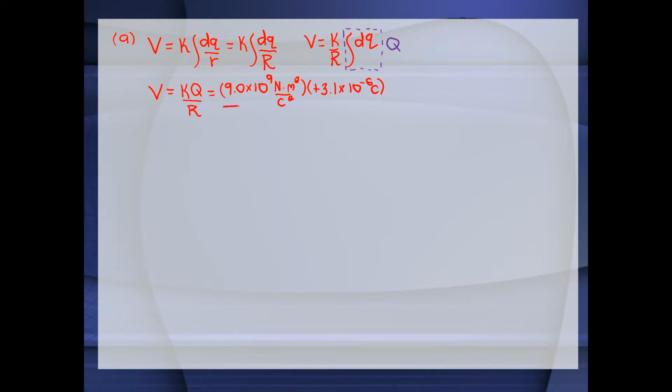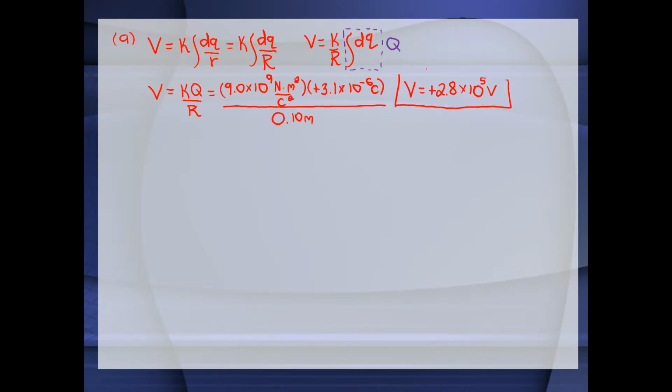And then we're going to divide that by capital R, which is the radius of the arc, 0.10 meters. And then V, which is just a scalar quantity, don't have to worry about direction. It would be positive 2.8 times 10 to the 5 volts.